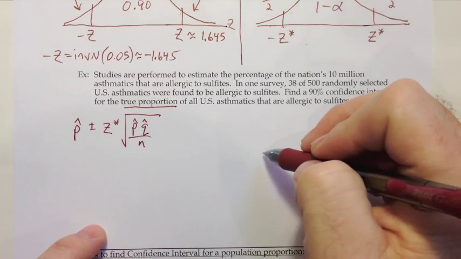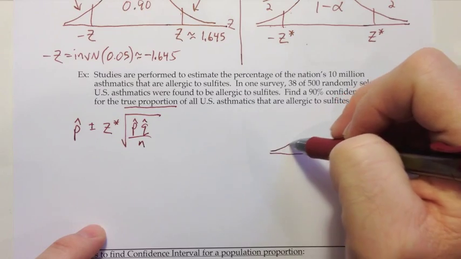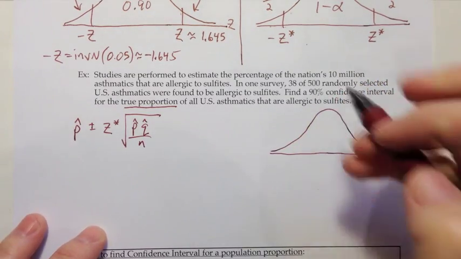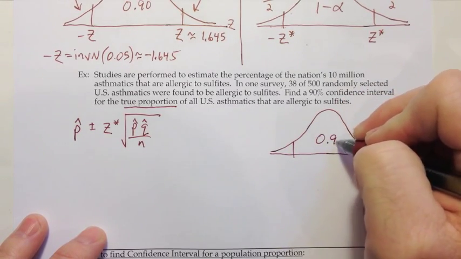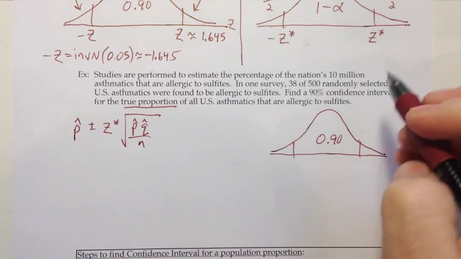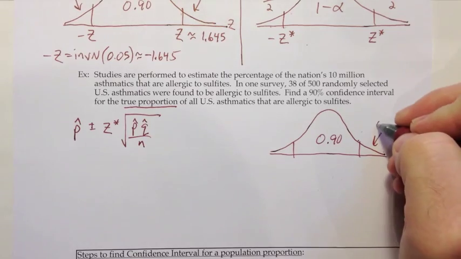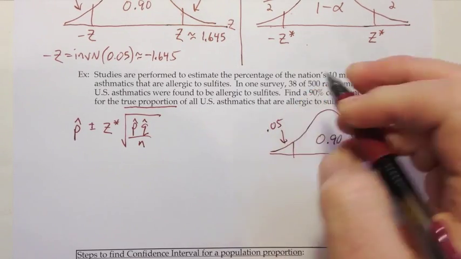First of all, I'll do the z star. We actually already did it up above, but I just want this to be a complete example. So let me show you again. If they want us to be 90% confident, then that's going to be the area that goes in the middle, which I would write as 0.90. And then I would think about how much area is left over. That would be 10%. So 5% on each side. I would want to find the two z-scores.